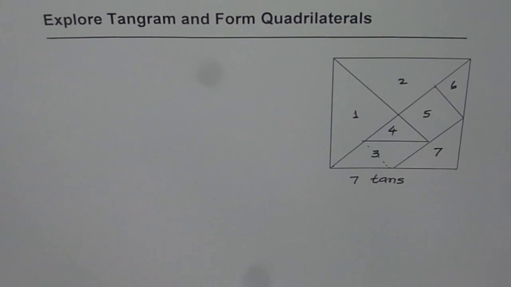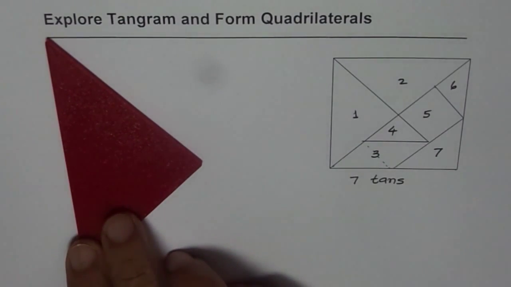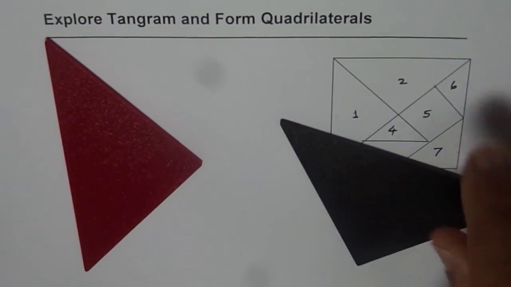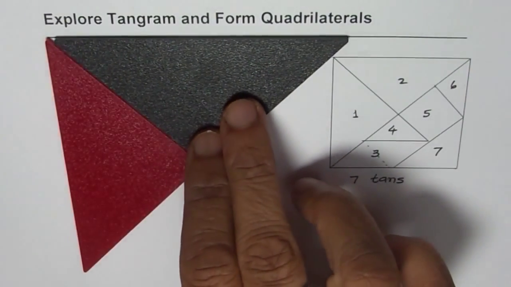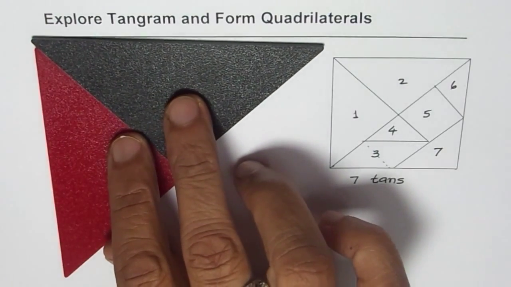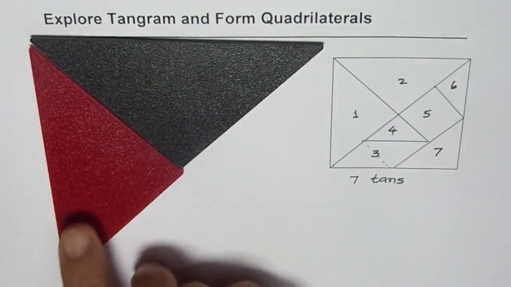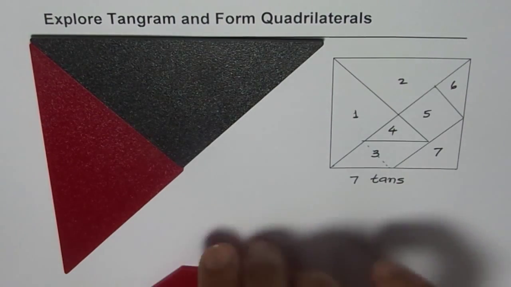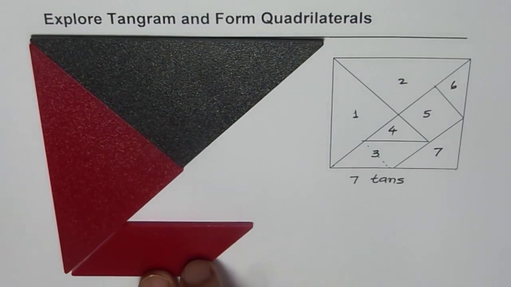So let me place the big pieces together. Piece number 1 is a big triangle for us. Piece number 2 is another triangle. Let me place it side by side. So these are my 2 pieces. Okay. Now piece number 3 is a parallelogram. So that one is the parallelogram. Then 4, I have a triangle.